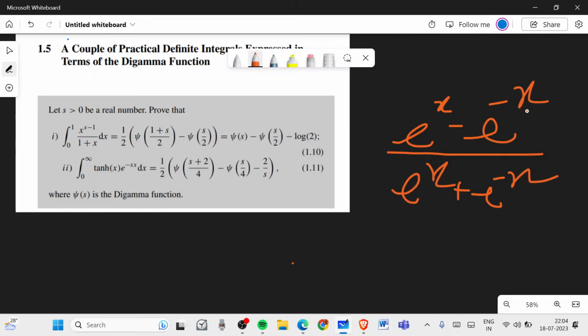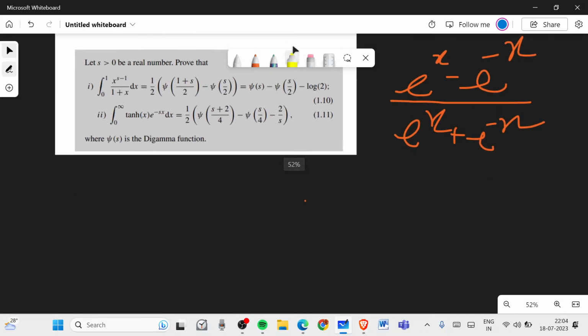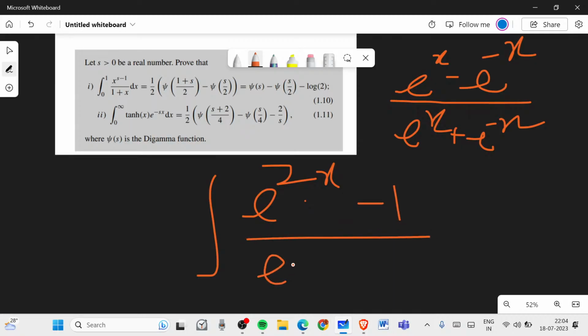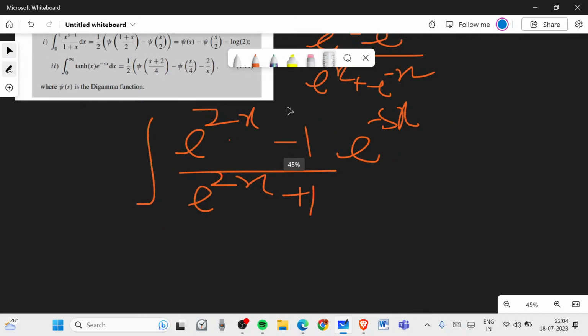Yup, we have written it correct. So this is an easier integral if we see it in terms of just, without knowing anything kind of thing. e to the power 2x minus 1 by e to the power 2x plus 1, e to the power minus sx, putting sx as t first of all.